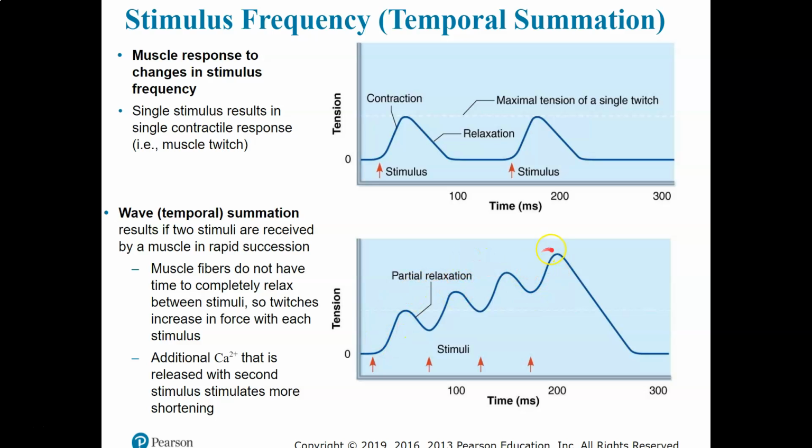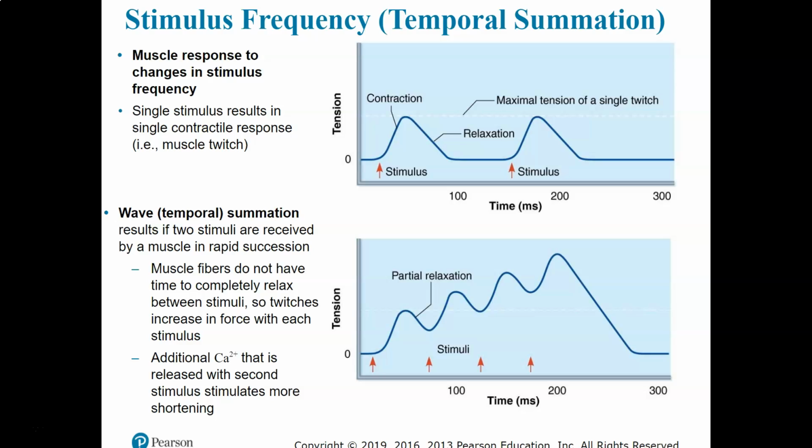It goes up and up and up. And this is called wave or temporal summation. So summation means adding together. Temporal in this case is referring to time. The stimulation is happening more frequently. We're getting more stimulus in a smaller amount of time, and so it builds up on each other.